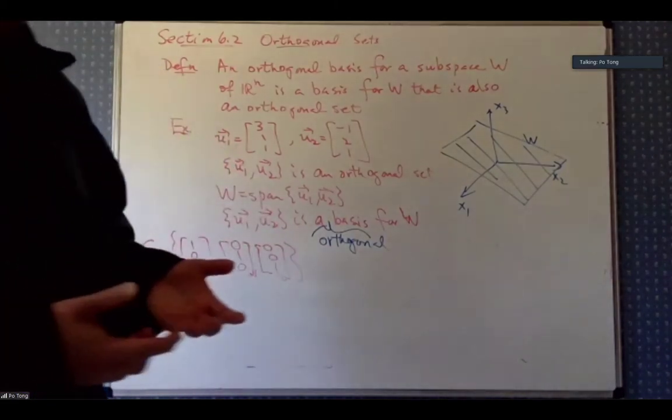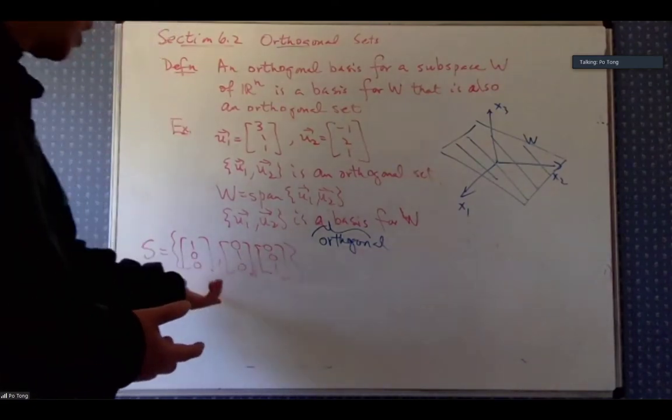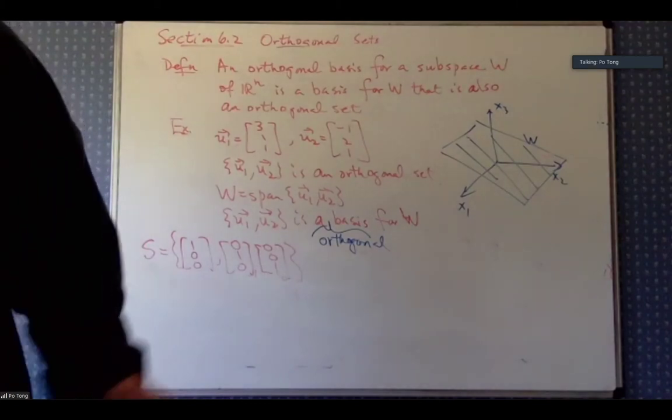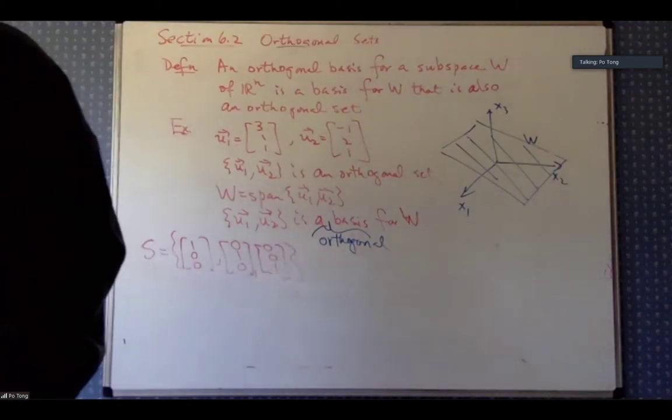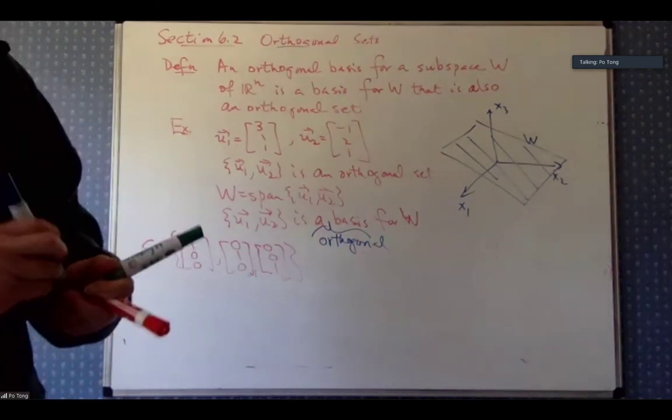But sometimes you want your coordinate system to be changed. Okay. You don't want it to be lining up exactly like that. You sometimes want it to be moving, changing.